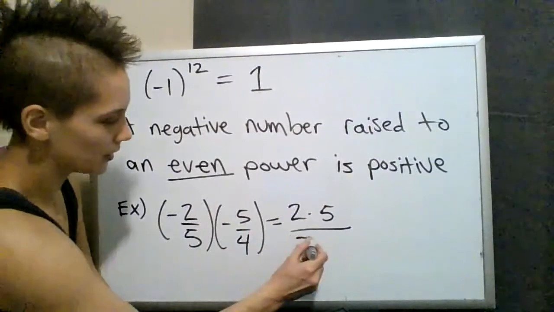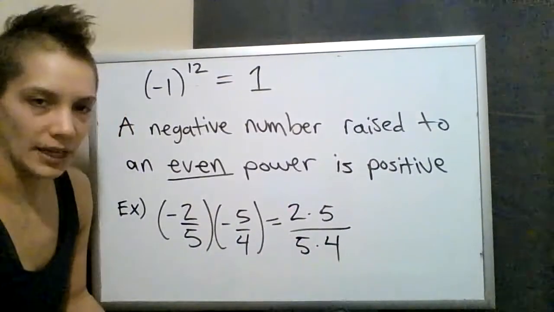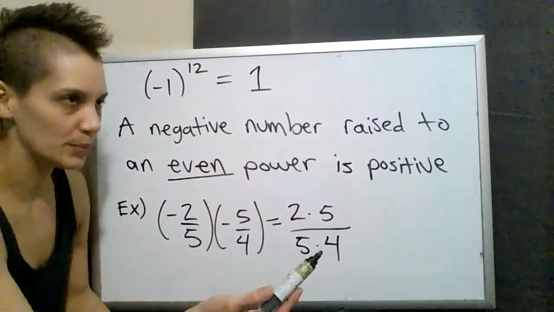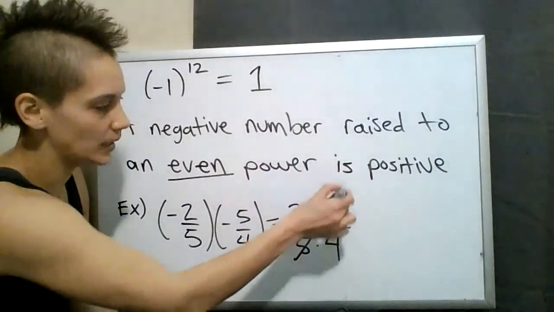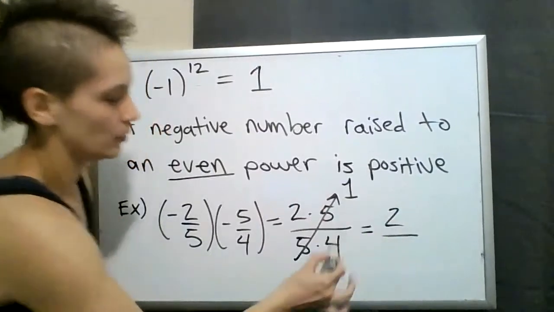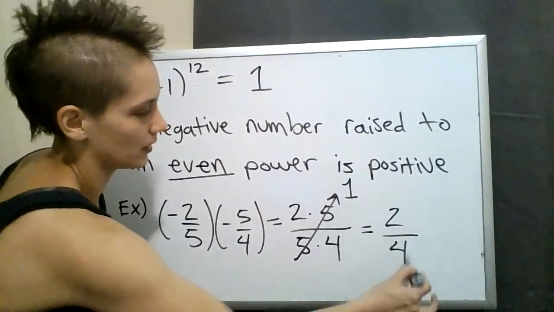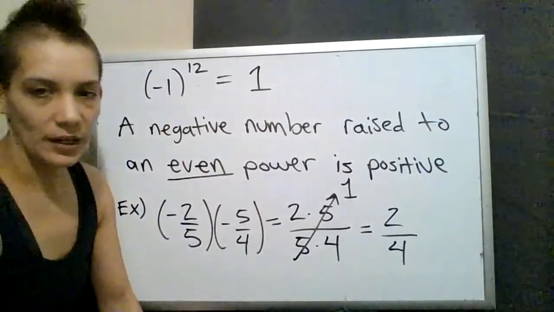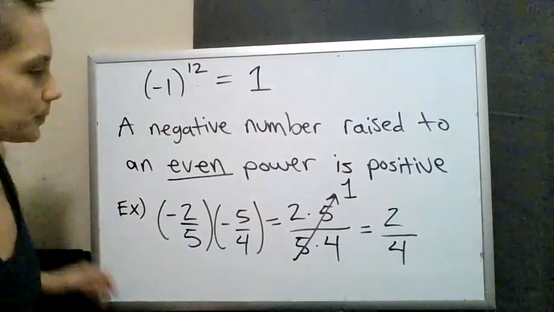Okay, 5 over 5 is going to simplify to 1. And what's left is 2 times 1 over 4 times 1. Oh, we can factor 4 as 2 times 2.